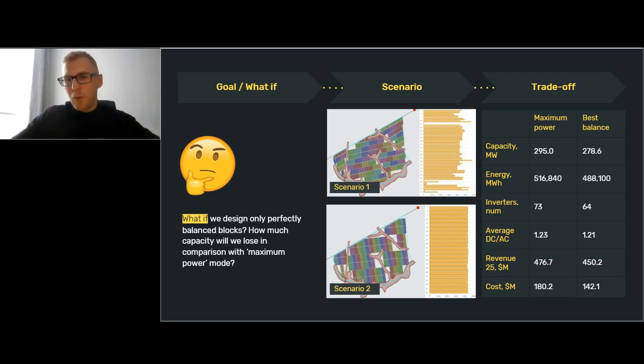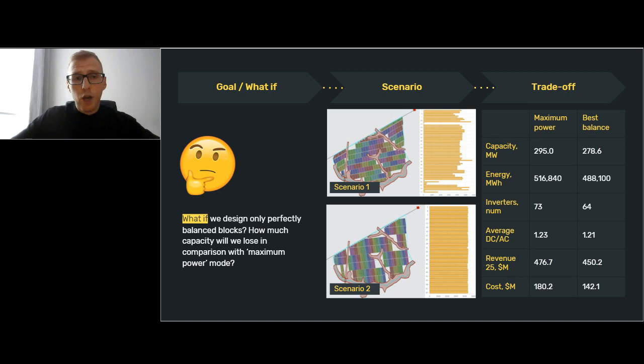When I say maximum power mode, I mean you basically need to fill the whole site and extract as much power as possible. But obviously when you're doing this, and when you're limited with specific equipment, let's say you don't have a choice. You should use one type of inverter, SunGrow 3600.